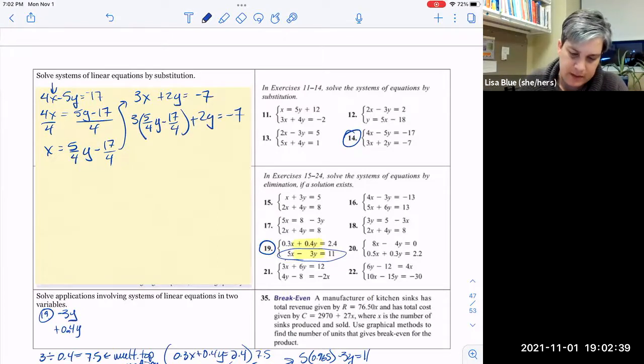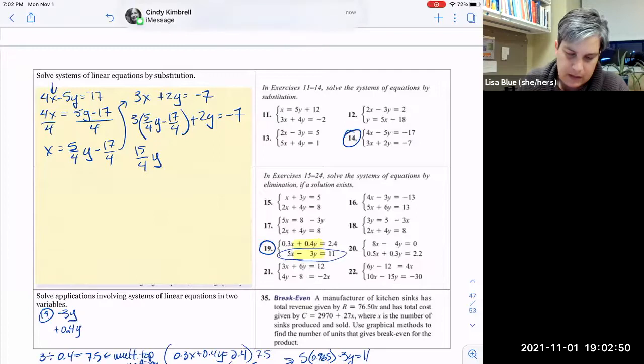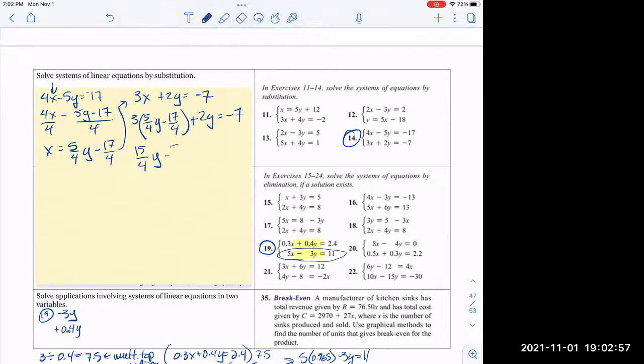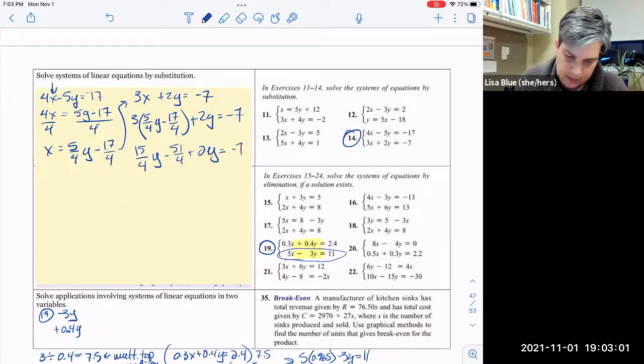All right, so we've got to distribute that 3 to everything inside the parentheses. So 3 times 5/4, I'm going to just keep that 15/4 y. 3 times 17 is 51, plus 2y equals negative 7.